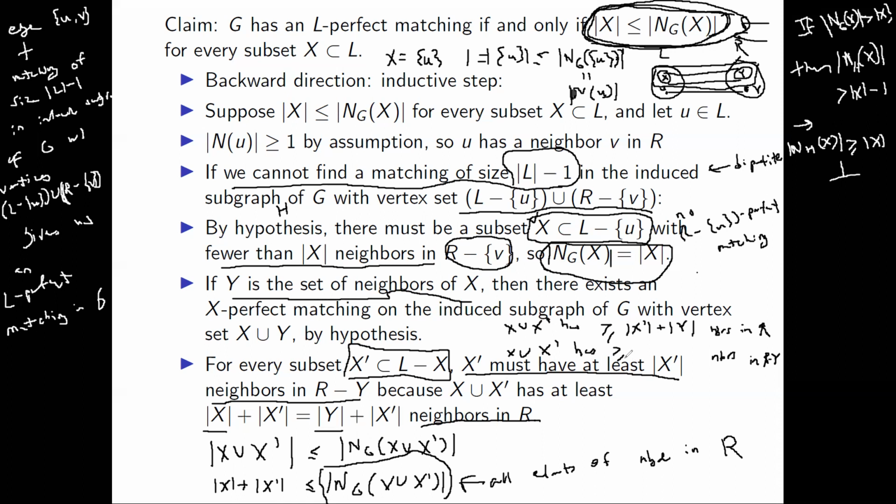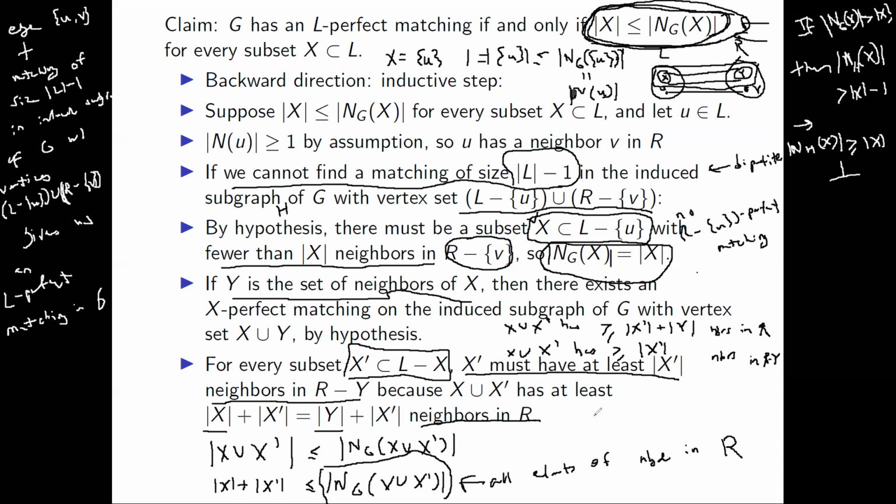So the number of neighbors of x union x prime in R minus y is going to be at least the cardinality of x prime.